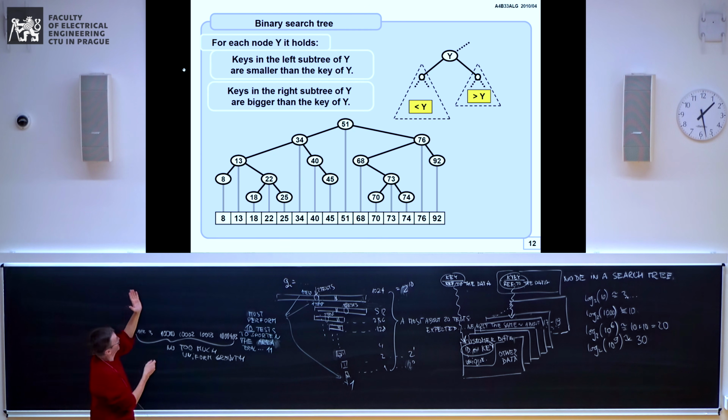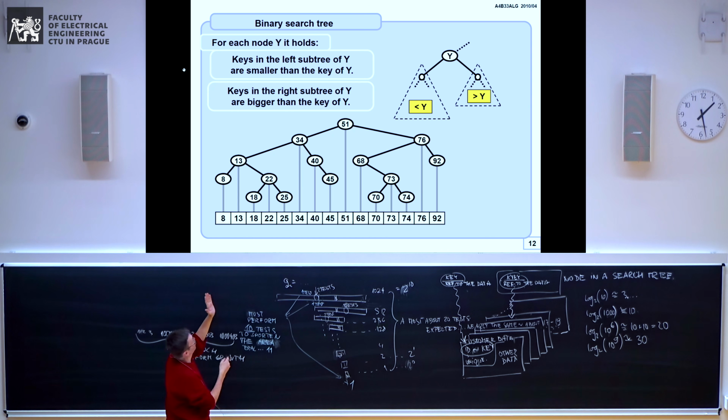So when you look at this tree from left to right, you will see a sorted sequence. So the tree is just this part at the top. What is here at the bottom just reminds you how it is organized there.